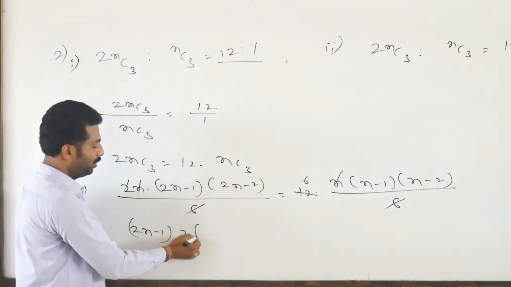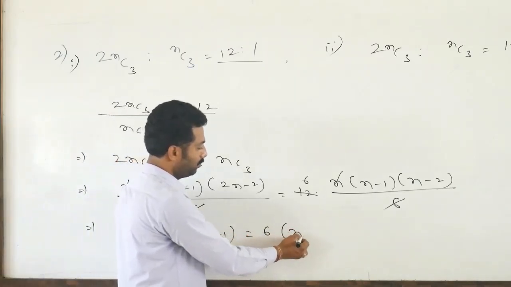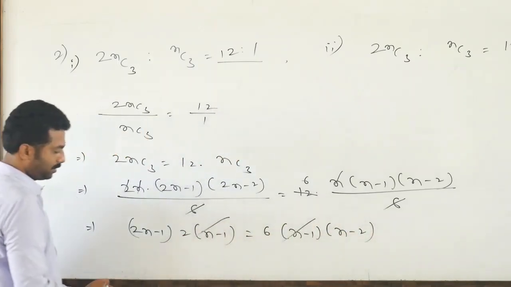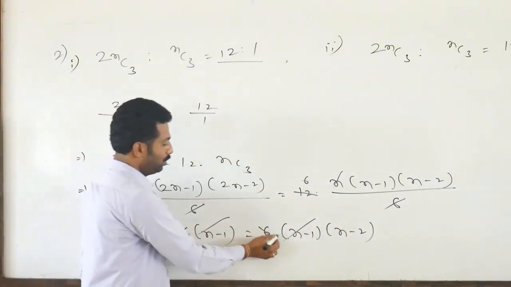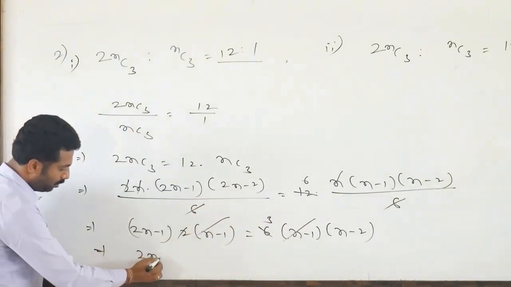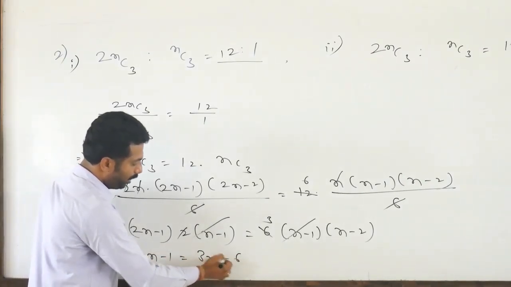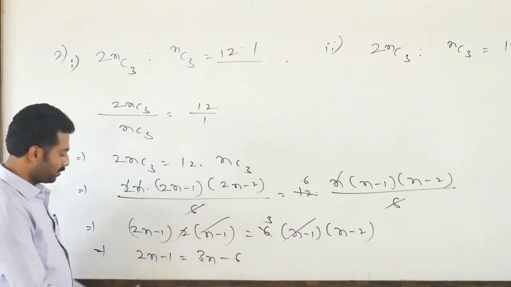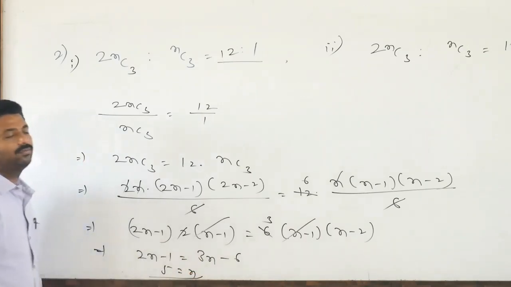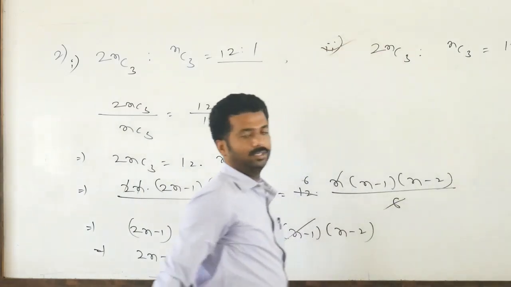If I take 2 common, n minus 1 equal to 6 into n minus 1 into n minus 2. So n minus 1 cancels, 2 cancels 3 times. Finally 2n minus 1 equal to 3n minus 6. Moving minus 6 to the left side, this is 5. So n equal to 5. Like the same case, you have to answer this question.